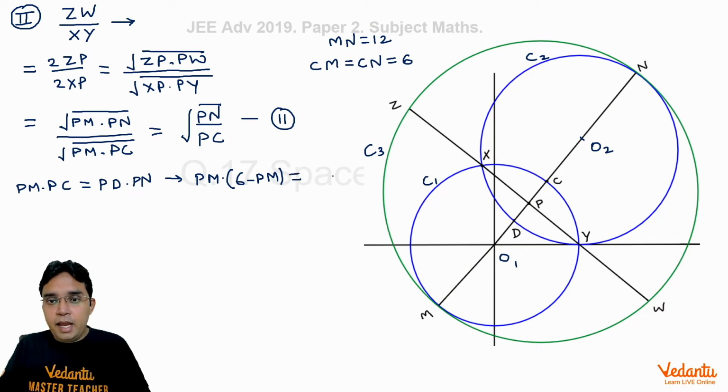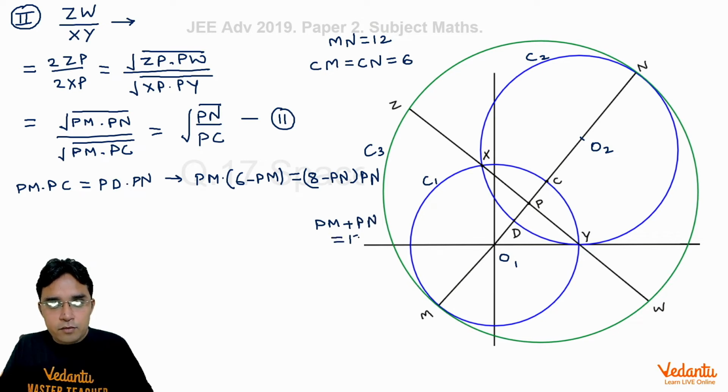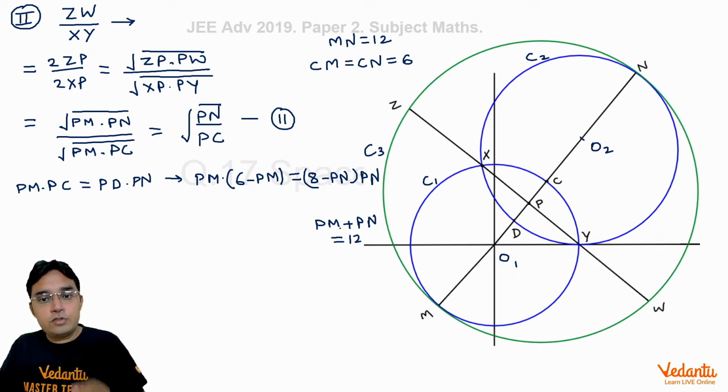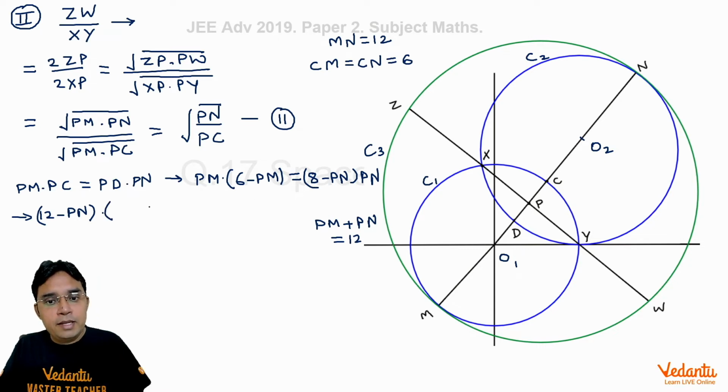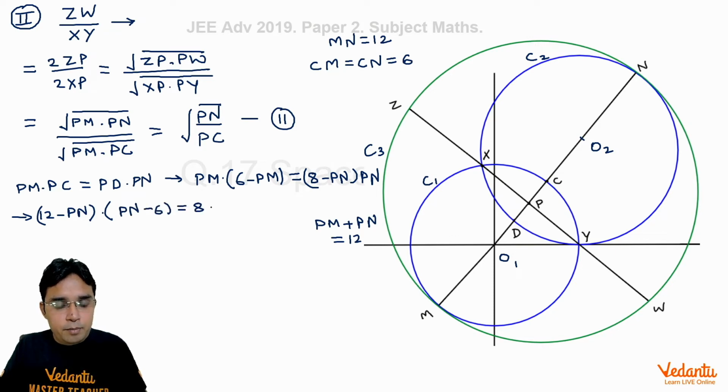PD I can write as 8 minus PN, into PN, because the diameter of C2 is 8, so this PD is 8 minus PN. And also we have PM plus PN equal to 12, which is the diameter of circle C3. So if I write PM in terms of PN using this, we will be getting here (12 minus PN) into (6 minus (12 minus PN)), so this will become PN minus 6, equal to (8 minus PN) into PN.